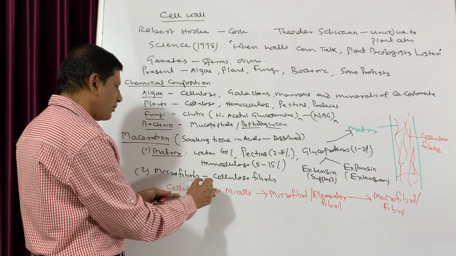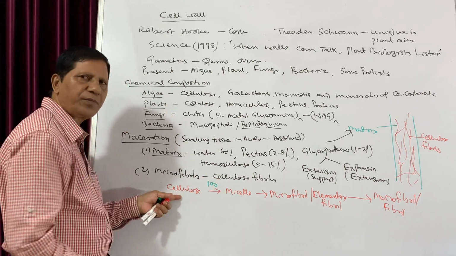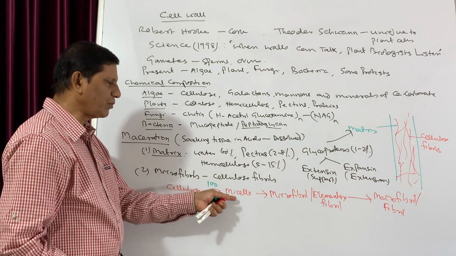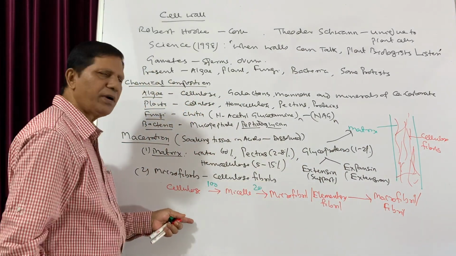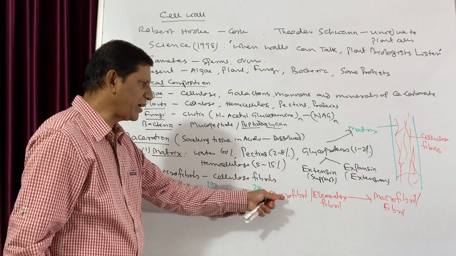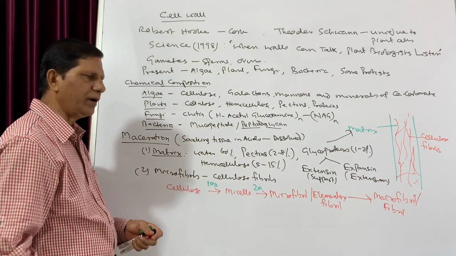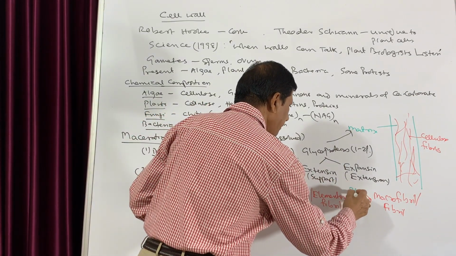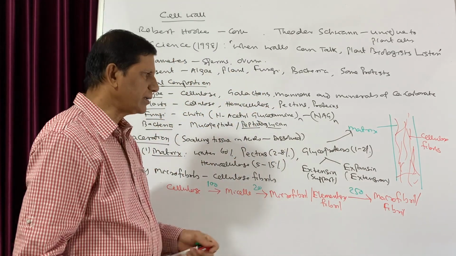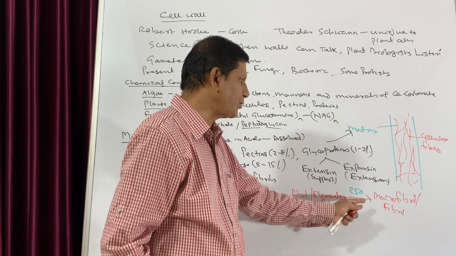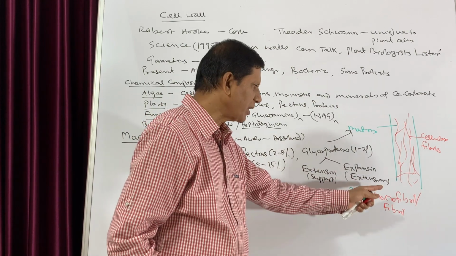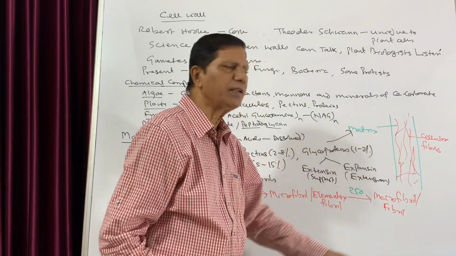Usually 100 molecules of cellulose combine together to give rise to a micelle. 20 micelles combine together to give rise to a microfibril or elementary fibril. And 250 microfibrils give rise to a macrofibril or fibril. These are the different fibrils that are present in the matrix.